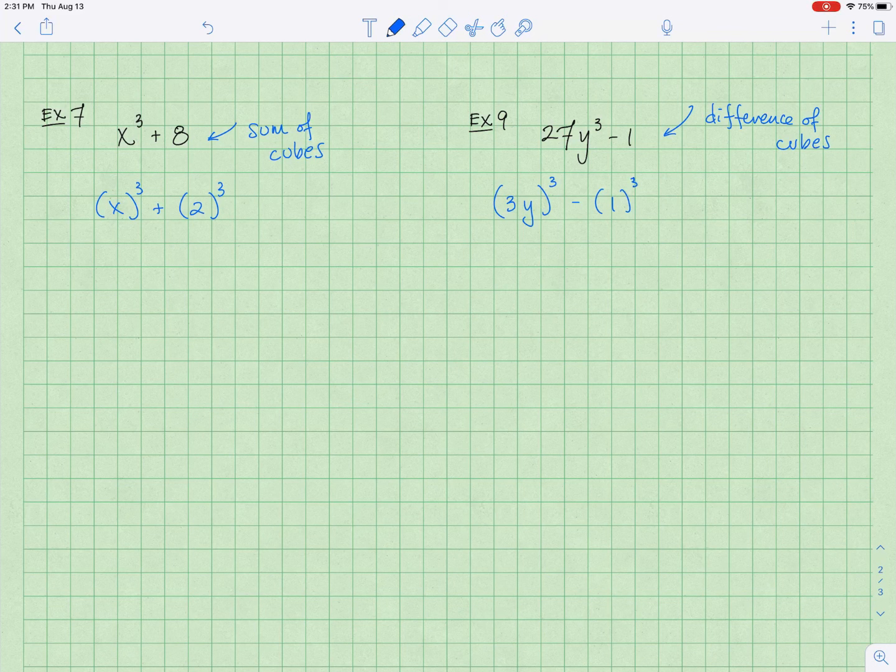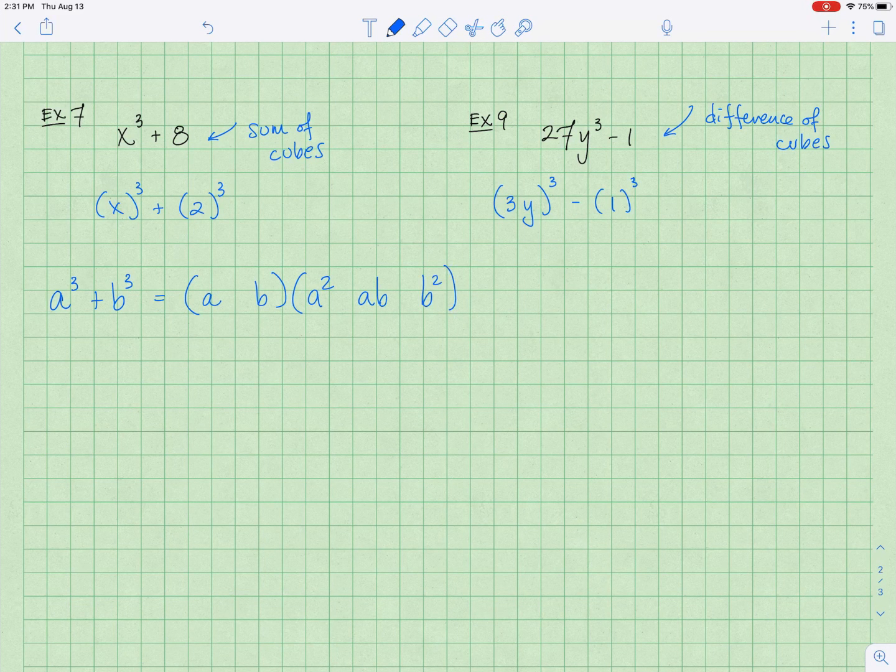Now, in each one of these scenarios, there is a special factoring form. And it's just going to require some rote memorization on your part. You're just going to have to memorize these. So the sooner you make flashcards or something for them, the better. The sum of cubes, a cubed plus b cubed, factors in the following form: a, b, a squared, ab, b squared.